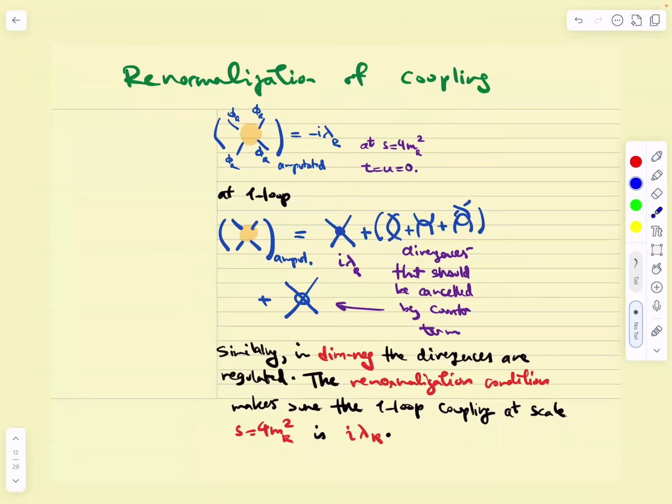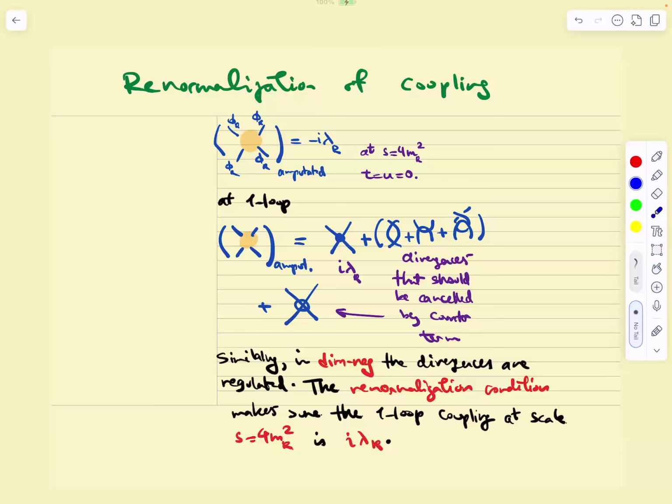All right. So that was for the renormalization. We just looked at the renormalization of the propagator. Now, for the vertex, you're going to have a similar condition. The amputated vertex for renormalized 4 phi_r's has to be minus i lambda_r. At what energy scale? This depends on the Mandelstam variables.